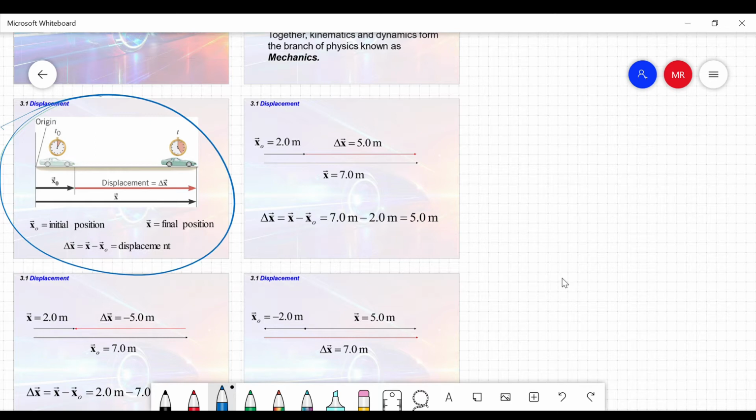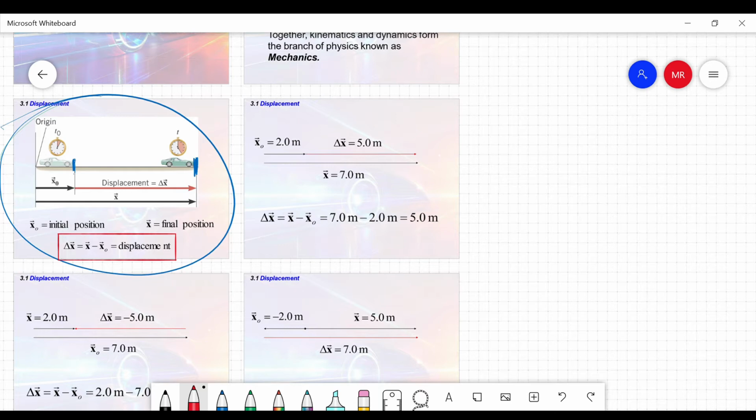Sabihin natin, ito yung initial position niya. So from this, hanggang nag-move siya into this position. So the initial position is x sub 0 and x is the final position. Now we are talking now with displacement.